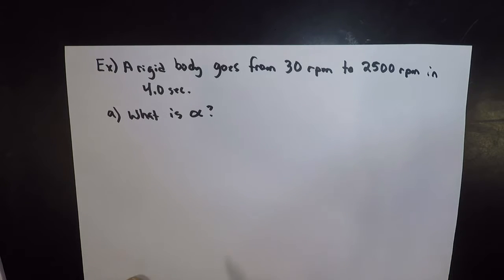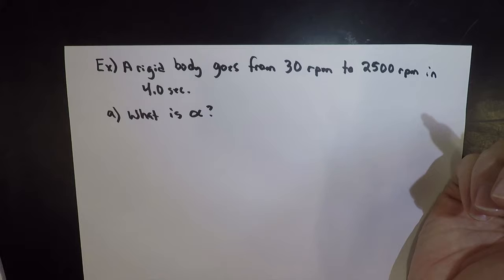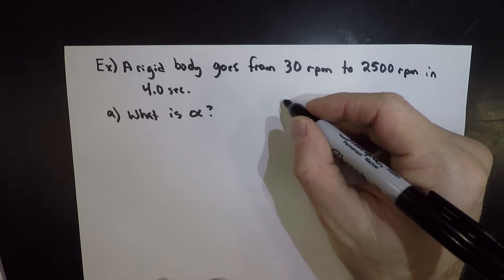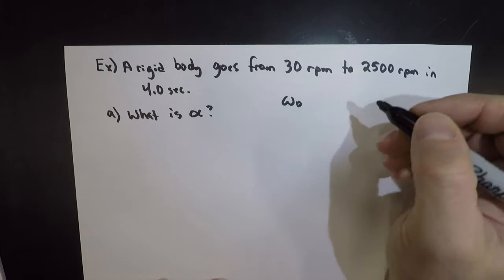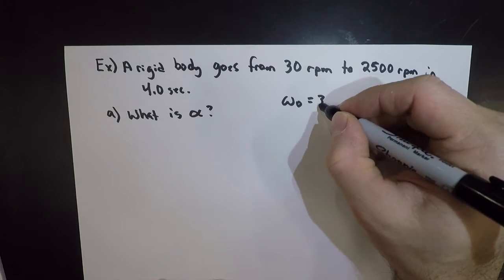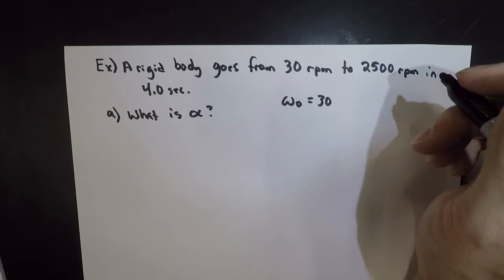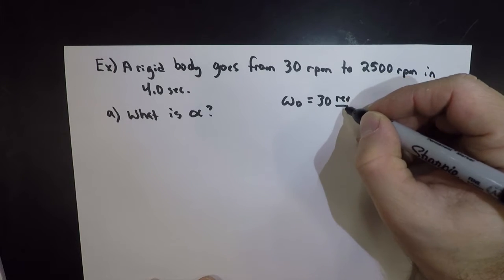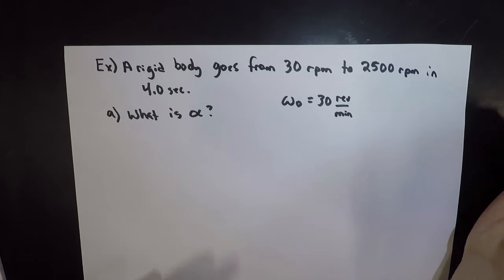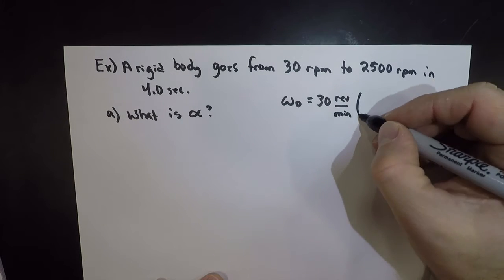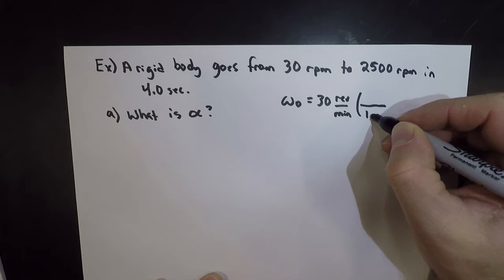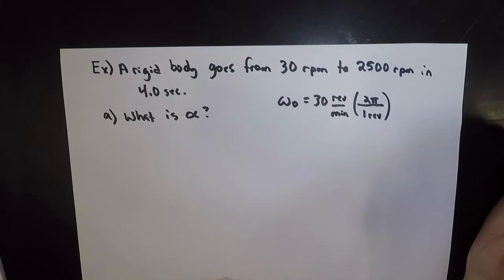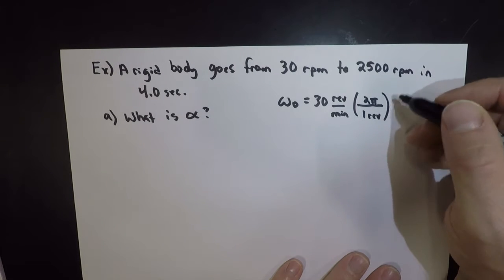We've got some different variables here in the problem, and in a sense what we're doing is writing our knowns out. We've got a rate of rotation before and after. So we have an initial rate of rotation, omega naught, 30 RPMs, 30 revolutions per minute. I have to be a little careful and get this into base units. First I'll change revolutions: a revolution is equal to 2 pi radians, so I'll multiply by 2 pi to get radians per minute.